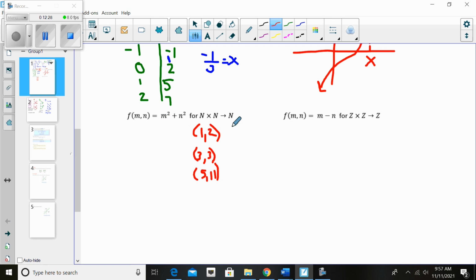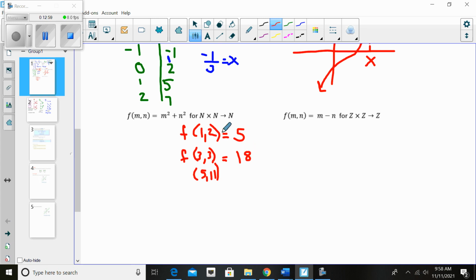So is this 1-to-1? Why don't you think about that for a minute? If I input (1, 2), I'm going to output 1 squared plus 2 squared, which is 5. Inputting (3, 3) will output 9 plus 9, which is 18.